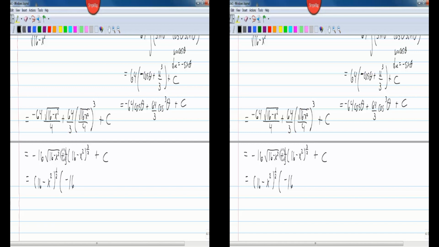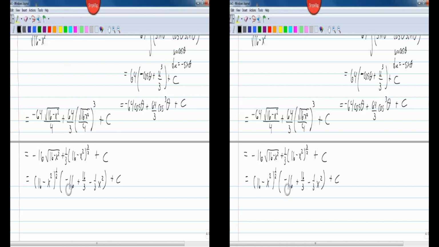And so you're going to have plus 1/3 times this thing to the first. So you could write that as plus 16 over 3 minus 1/3 x squared. And then you can come in here and simplify if you want to. You could even multiply through by 3. But I'm fine with you leaving your answer just like this up here.